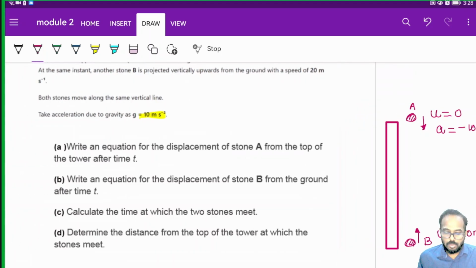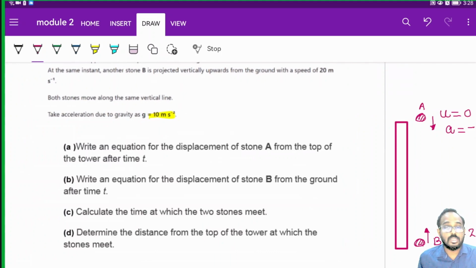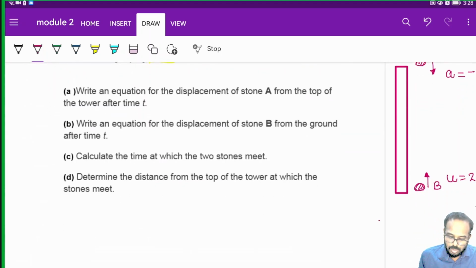So look at this one, you need to write an equation for the displacement now. Displacement and time are related. Which equation? Time is there and displacement relation means second equation, right? So you got the equation S is equal to ut plus half at square. So this is the second equation.